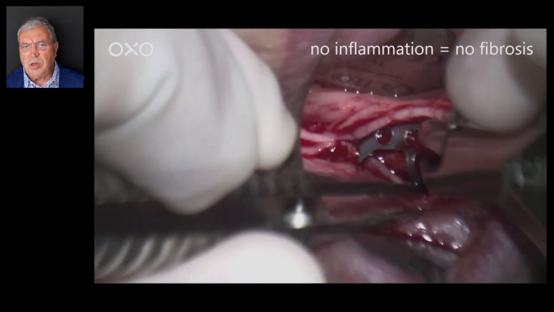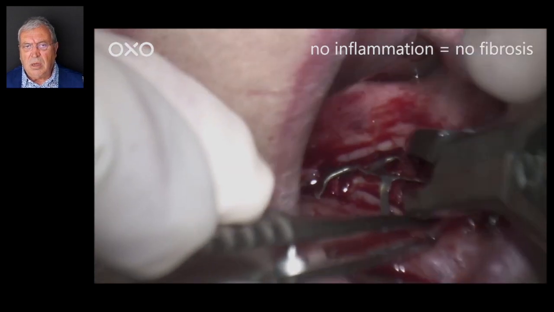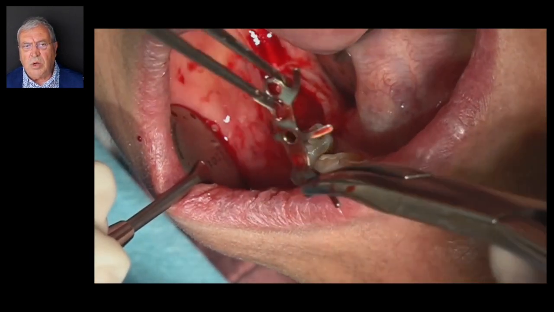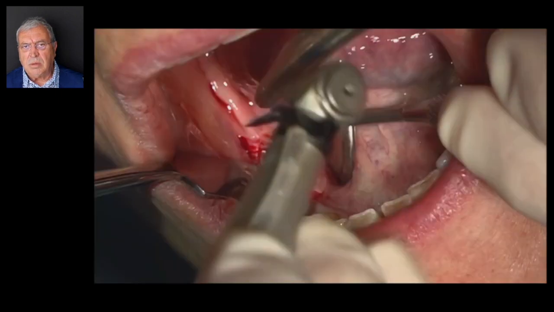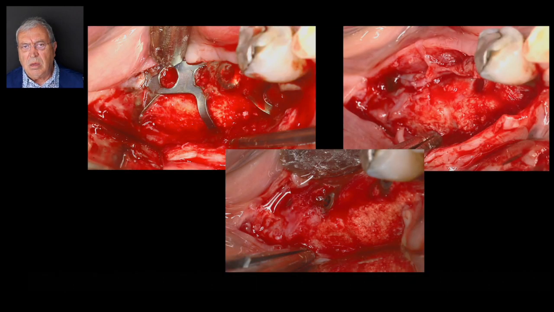There is no inflammation, no fibrosis. And then we go to place the implants. Reopening without the mesh and then the implants.